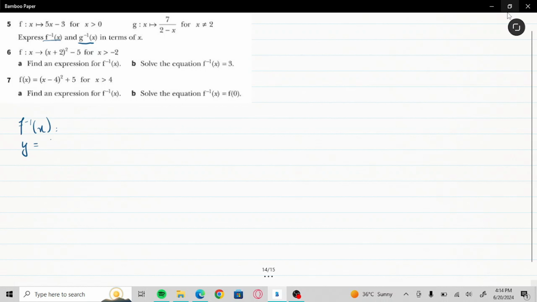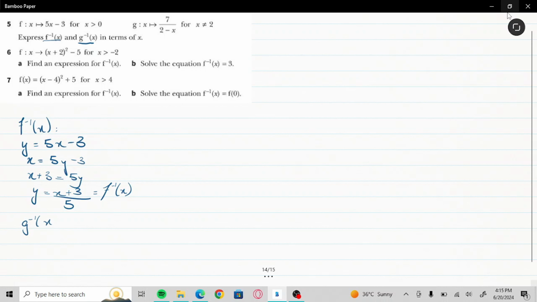So y is equal to 5x minus 3, as you know, and interchange the values: x equals 5y minus 3. So x plus 3 is equal to 5y and y is equal to (x plus 3) divided by 5, which is equal to the inverse of function f.